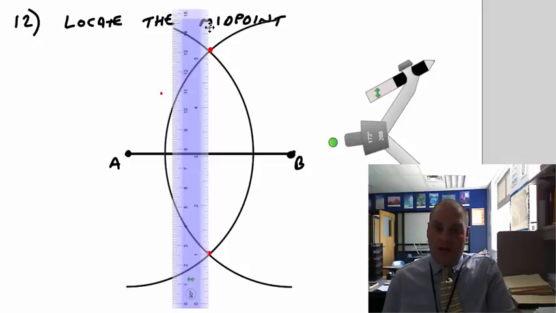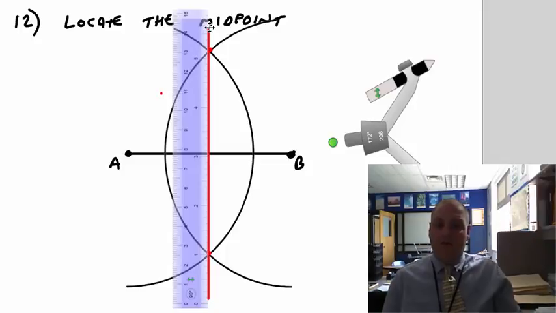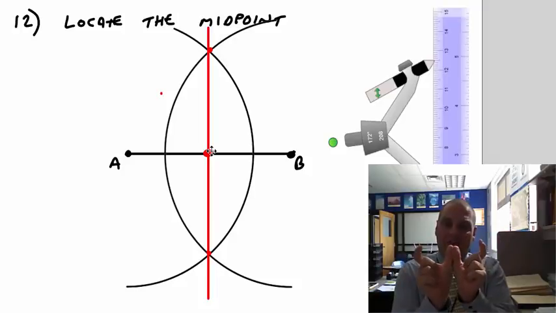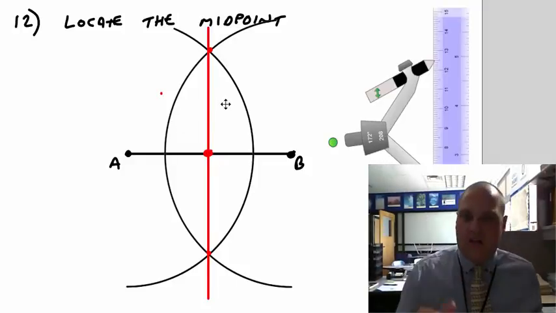So it's actually more than what I need in this problem. But if I do the perpendicular bisector, I'm hitting the midpoint. The perpendicular bisector goes through the midpoint. Why? Because it's bisecting. It's cutting it in half. If it's cutting it in half, it's got to go right through the middle, so it's got to go through the midpoint. Okay, so perpendicular bisector is how you're going to get the midpoint.